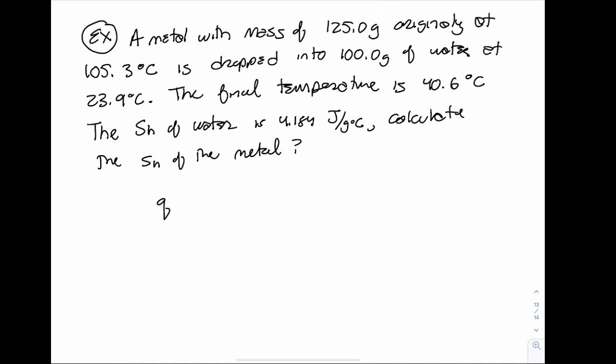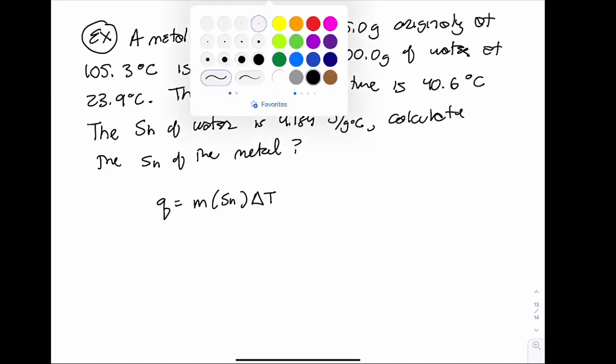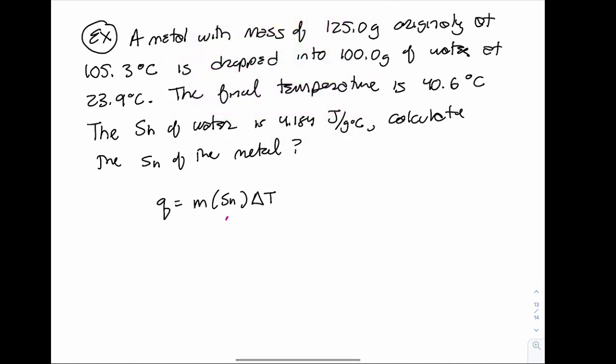So looking at our specific heat equation, right, I have Q is equal to my mass multiplied by my specific heat multiplied by my temperature change. So if we're solving for the specific heat of my metal, right, this is my unknown, I have the mass that's given to me in the problem, right, 125.0 grams.